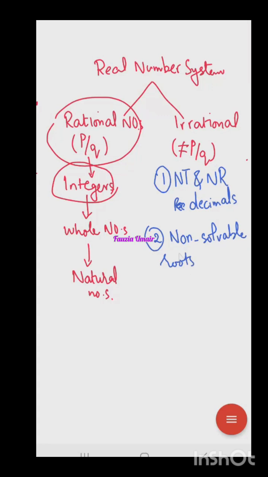Are we clear now? We know a lot of rational numbers in maths. ठीक है, अगर कोई हमें ये कहे कि name a rational number, so you would be able to name so many of them. ऐसे ही है ना, but if I ask you what type of numbers are irrational, give me one example or give me two examples, so most of you will be stuck after giving a few examples.